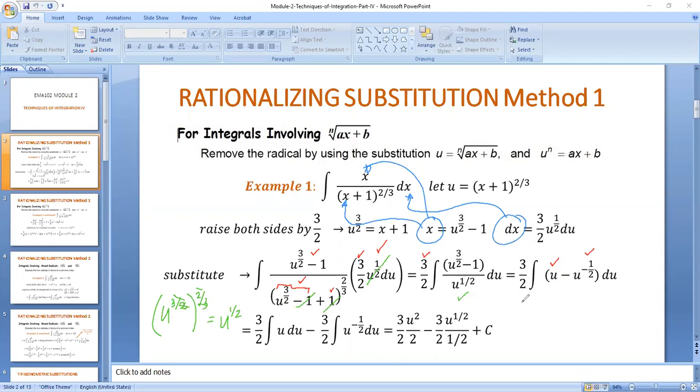So these 3 halves should be distributed to the answer of the two integrals here, which you will evaluate separately. Okay, so if you evaluate the u, that would be u squared over 2. If you evaluate u raised to negative 1 half, it will be u raised to 1 half over 1 half. Both have 3 halves now. But this is not yet the answer.